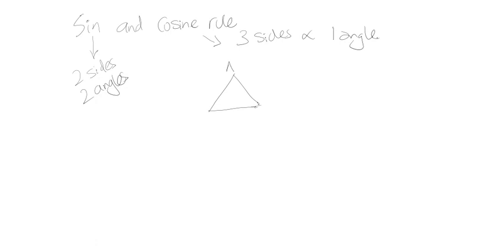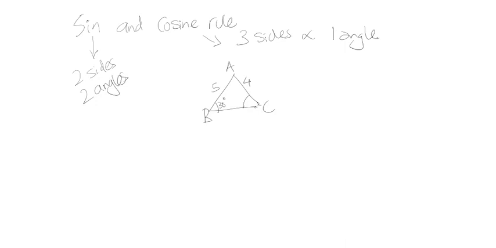So let's say you're given triangle ABC, and this side is 5, this is 4, and this angle is 30 degrees, and the angle ACB, that's how we read it, angle ACB or angle C, is not given to you.